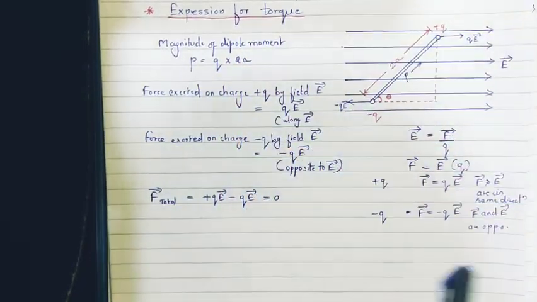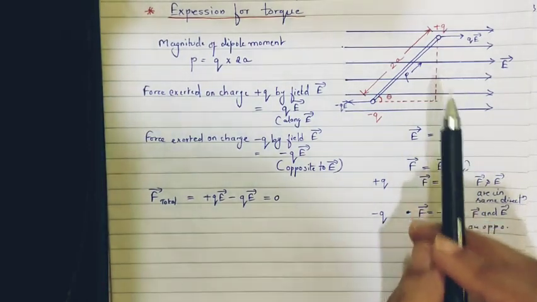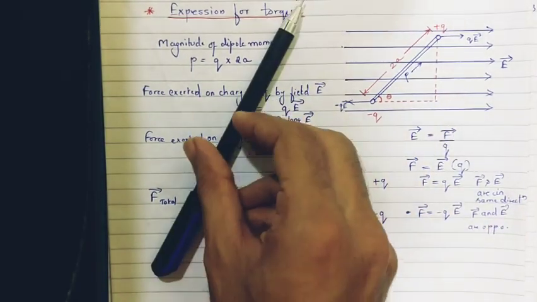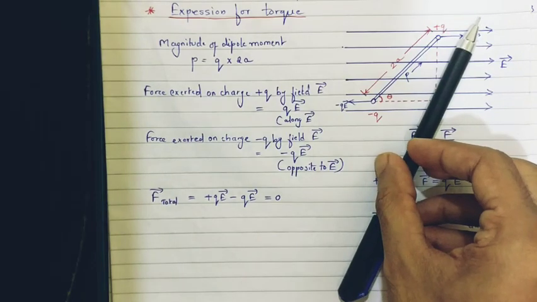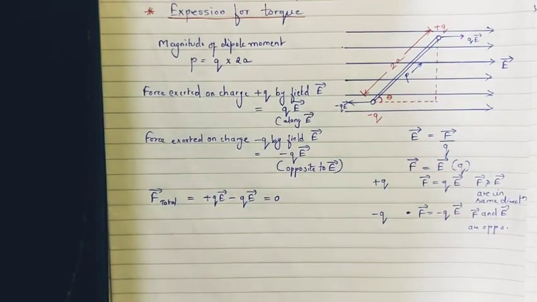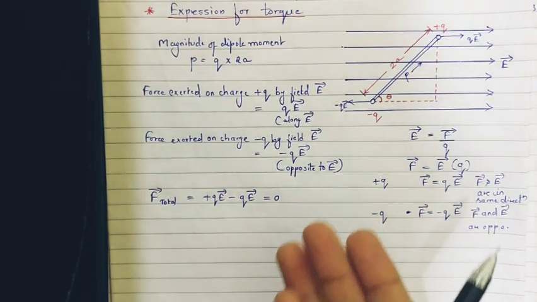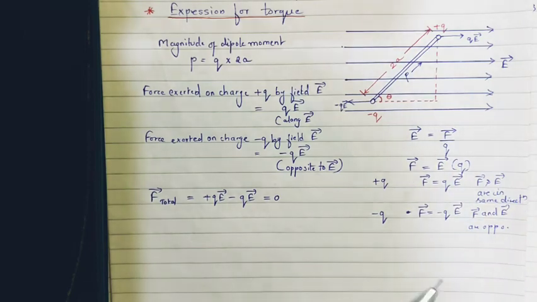That is why I said the statement is important here. The net force acting on the dipole is 0. That means there won't be any translatory motion. But if you see over here that the two forces are not collinear, there will be some torque acting on this body. That body is basically a dipole, correct? So this torque will be responsible for the rotatory motion of the body or your electric dipole.